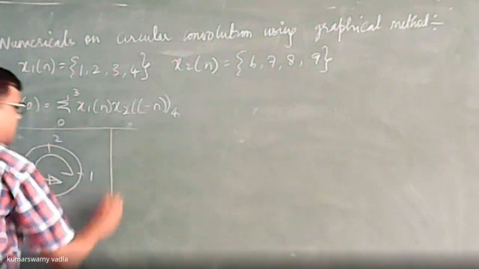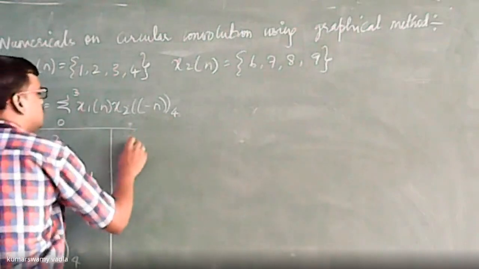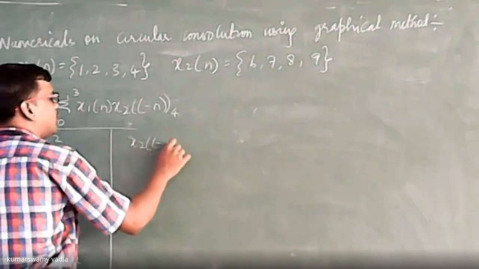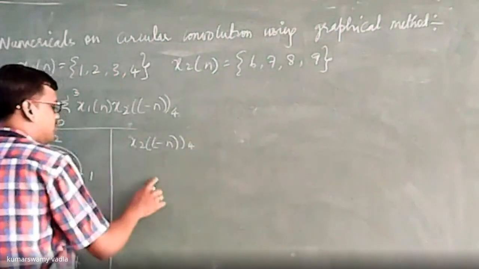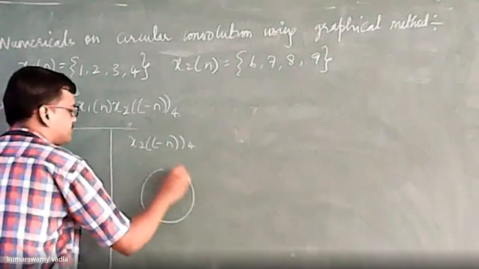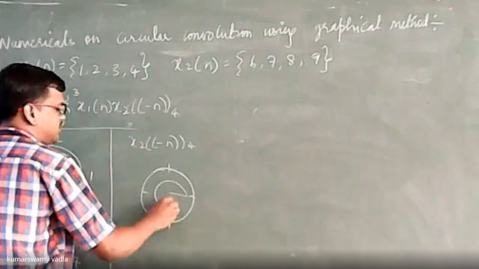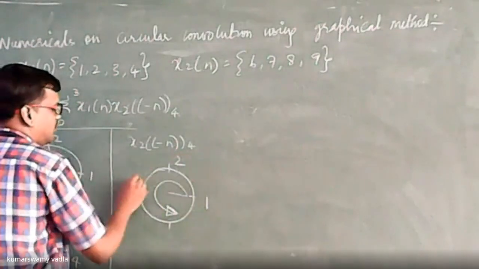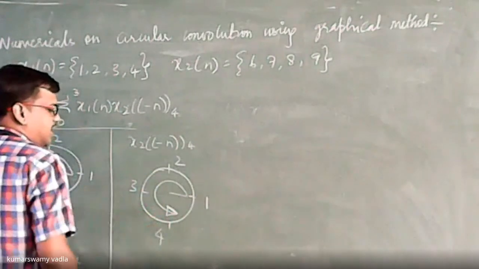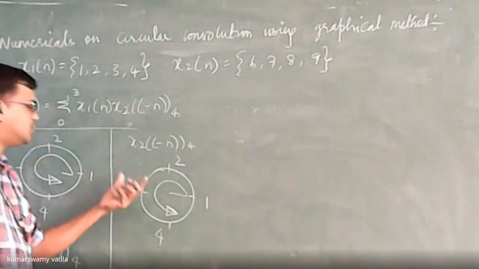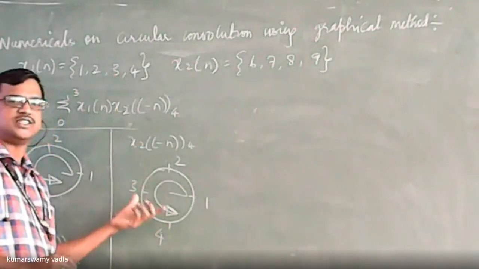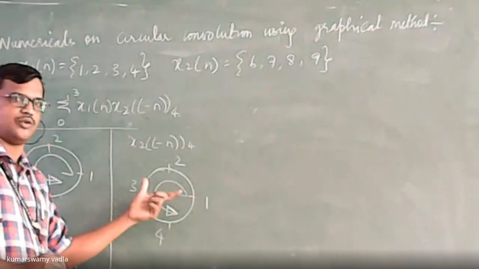Next, draw x2 of minus n modulo 4. How will you do that? First, write down the sequence in anti-clockwise direction: 1, 2, 3, 4. Right? This is x2 of n modulo 4.